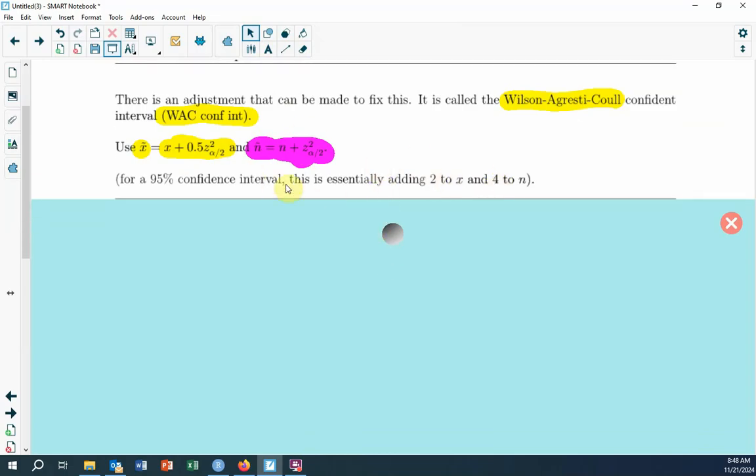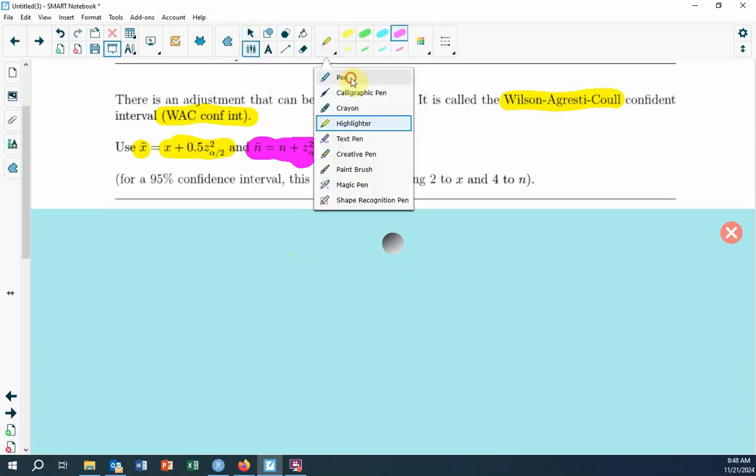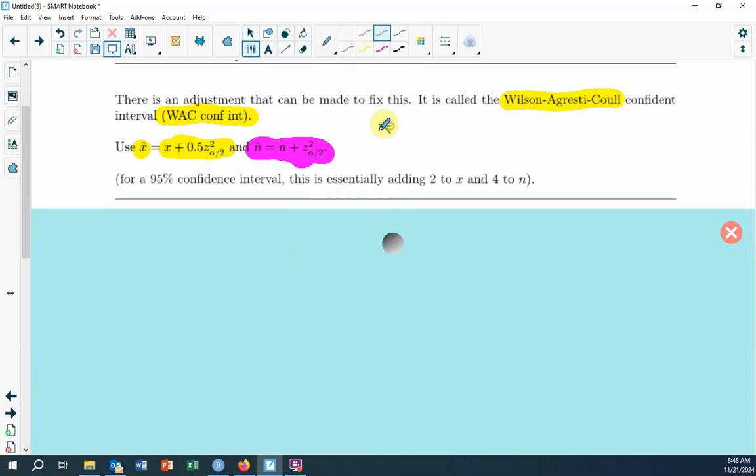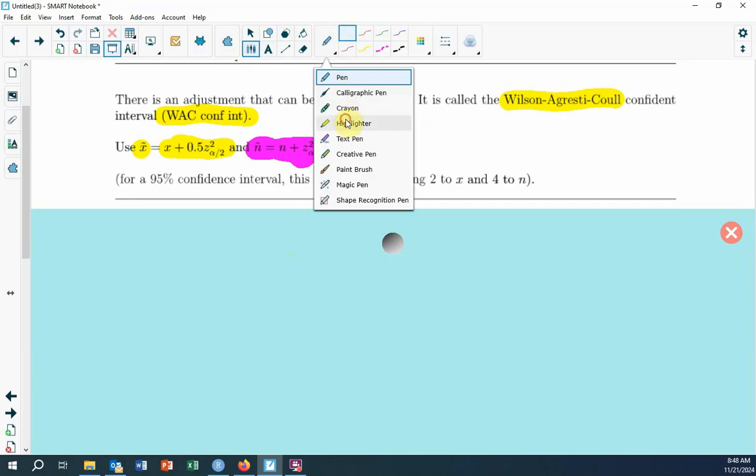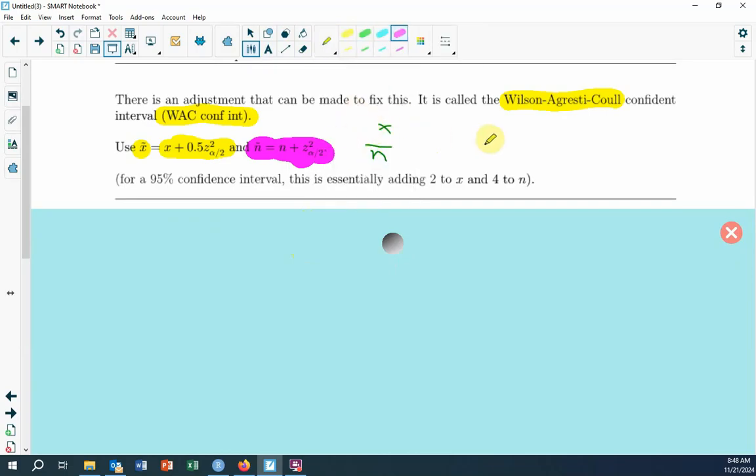If you think about what that is, if you look at a fraction, because how did we find this proportion? It was the X over the N. And if you're adding 2 to the top one and 4 to the bottom one, that's almost like kind of trying to make it closer to half. So we're trying to pull this away from the 20% and 80%, more towards the middle. That's what this adjustment does.